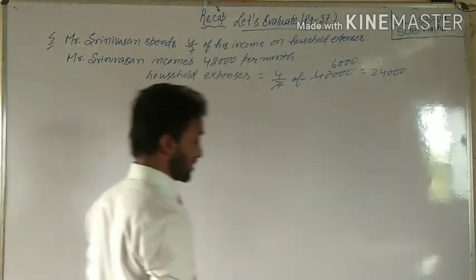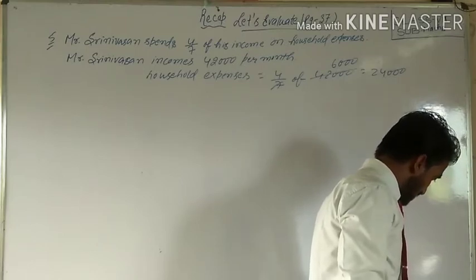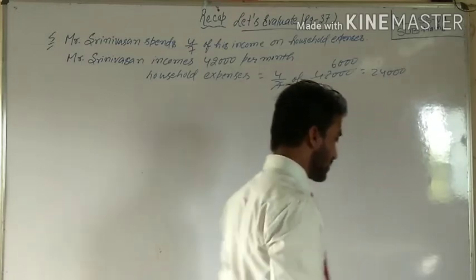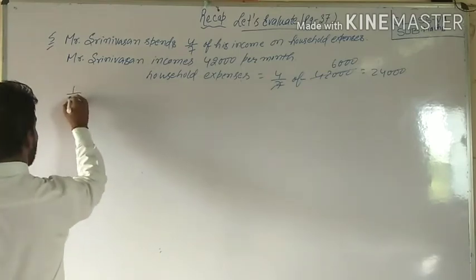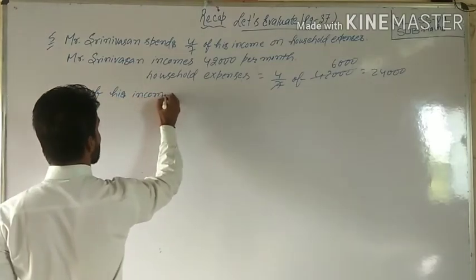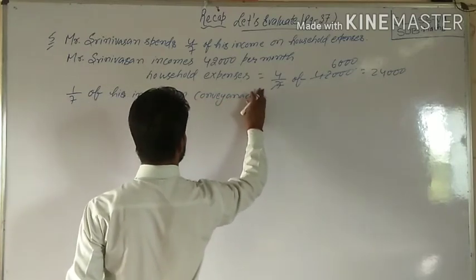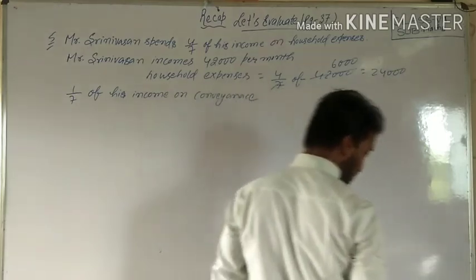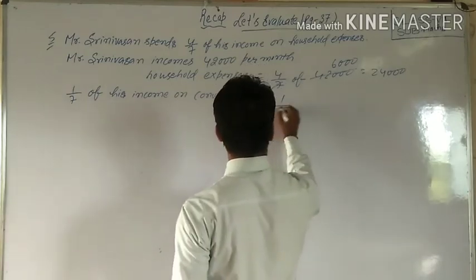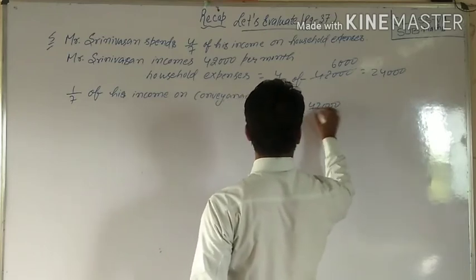Okay, now see the next point. The next point is that 1/7 of his income is on conveyance. Students, see, 1/7 of 42,000: 7 sixes are 42.